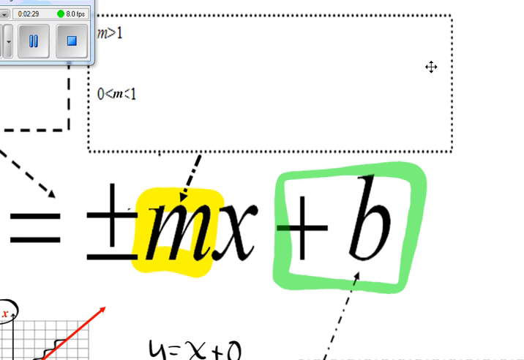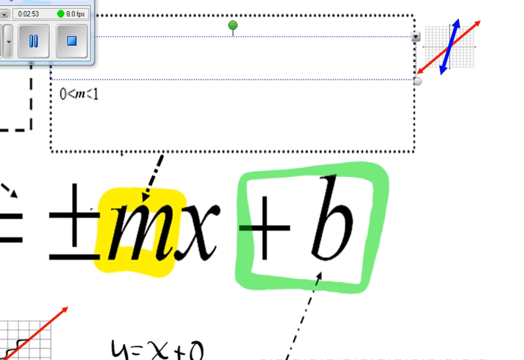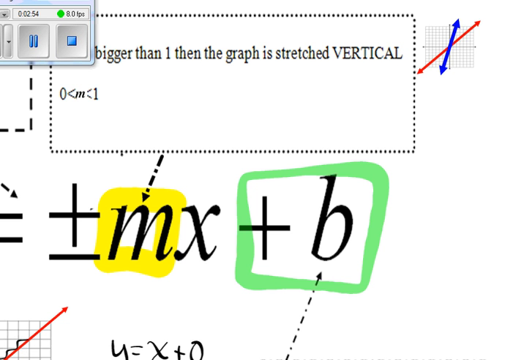If that number is bigger than 1, then what I have is a line that is going to stretch vertically. Okay, it's going to be more steep. If I was walking across the yard, I'd be hiking up a mountain. And then, okay, I have a vertical stretch.